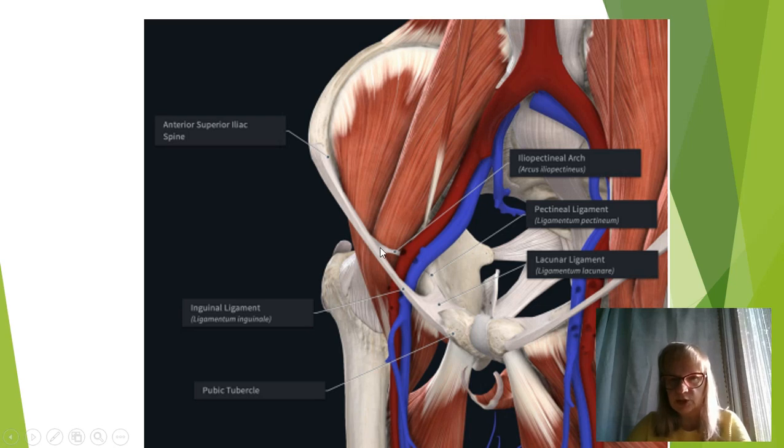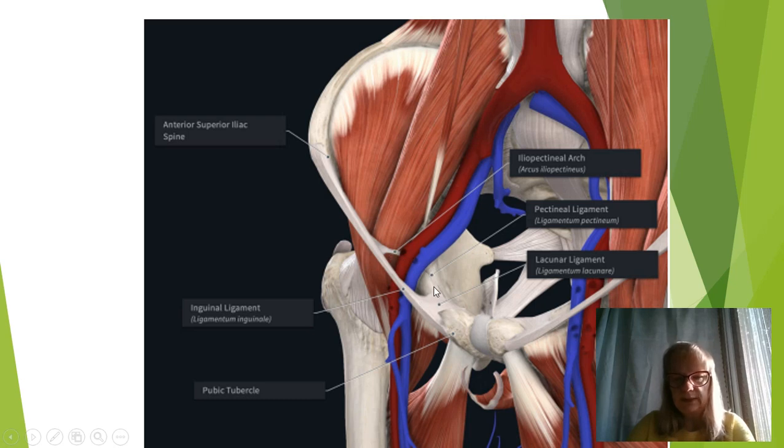The structure from the inguinal ligament to the iliopubic eminence forms the iliopectineal arch. The iliopectineal arch delimits two openings.